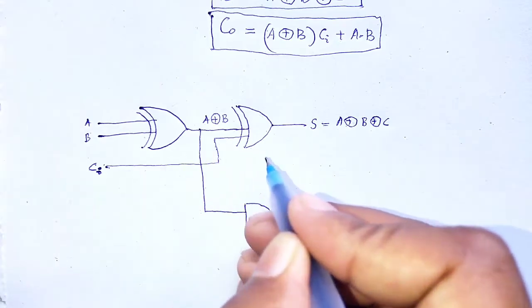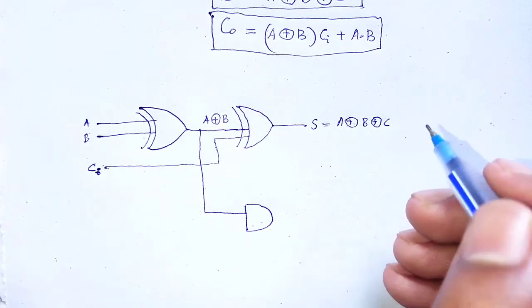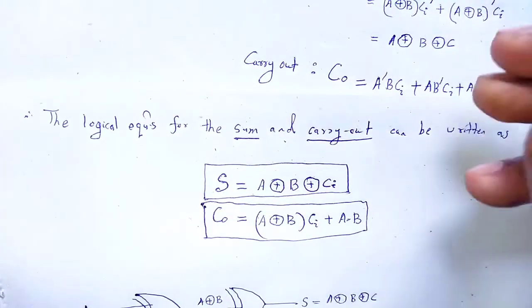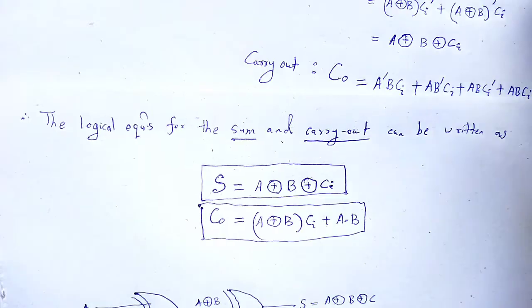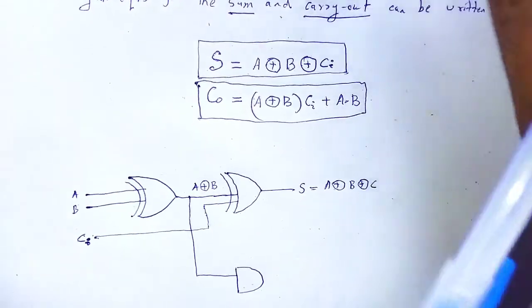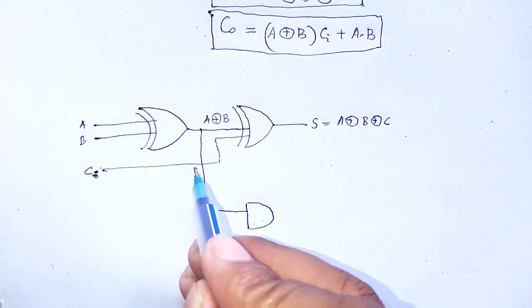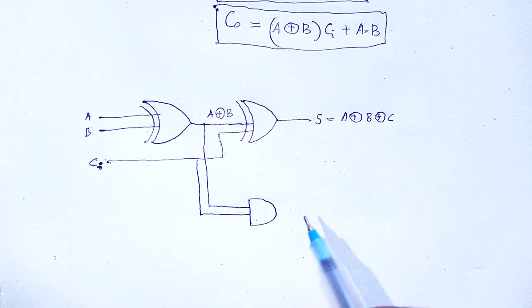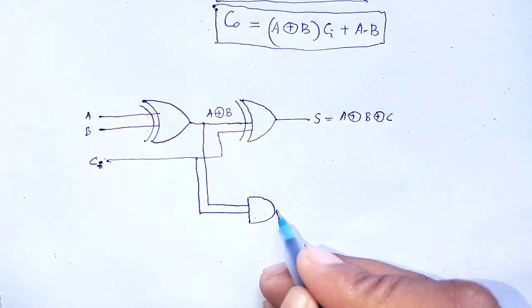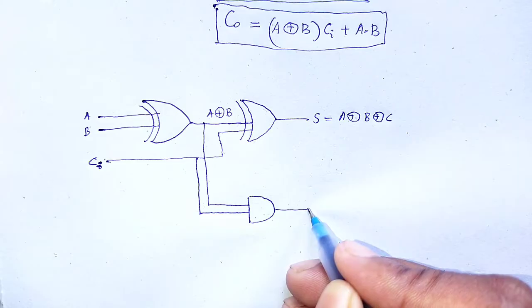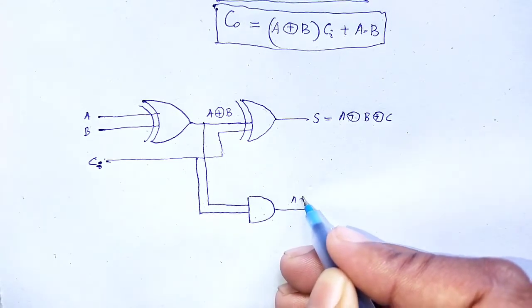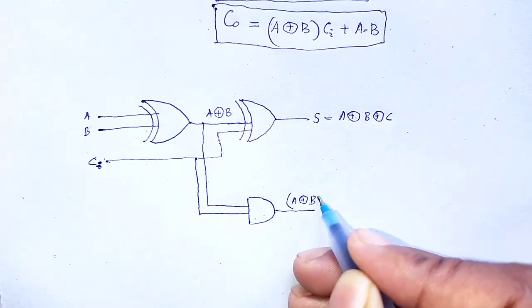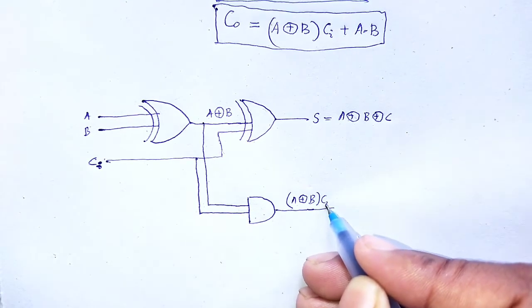So the output here we obtain is A XOR B and carry input.